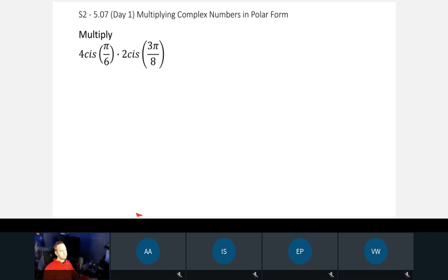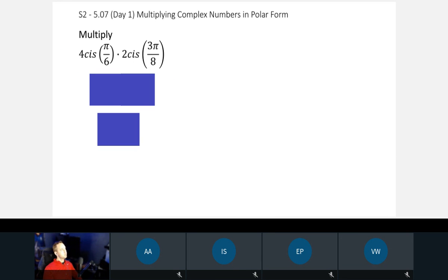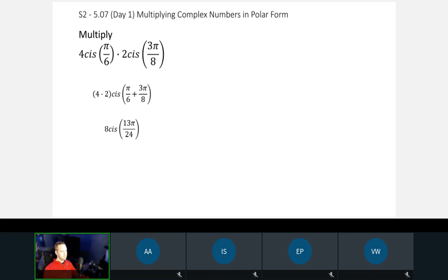When multiplying, you multiply the r values and you add the thetas. 8 cis 13 pi over 24. Yep, right.